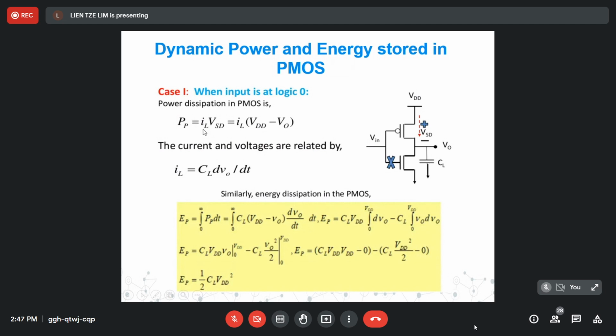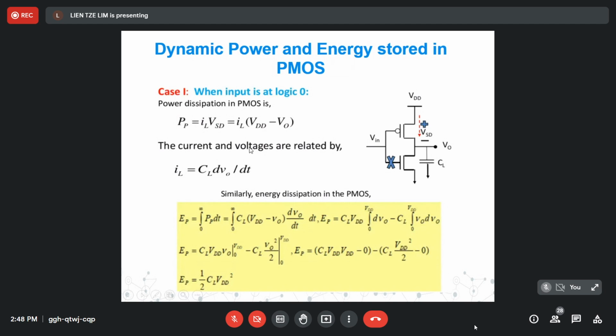The current is the current from the source to the drain, across the transistor through the channel. And V here is the voltage drop across the transistor. It is defined in this way.